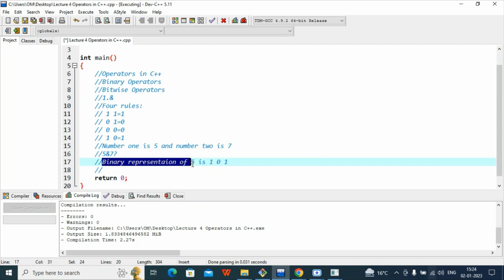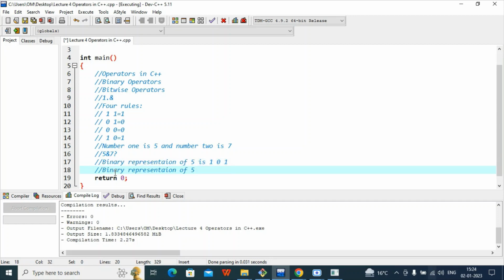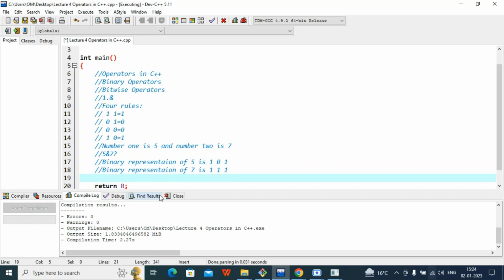What is the binary representation of 7? Bitwise operators are performed with numbers, yes, but on the bits of these numbers. You represent 7 as 1 1 1. So if I perform an AND operation, 5 and 7 equals 5.